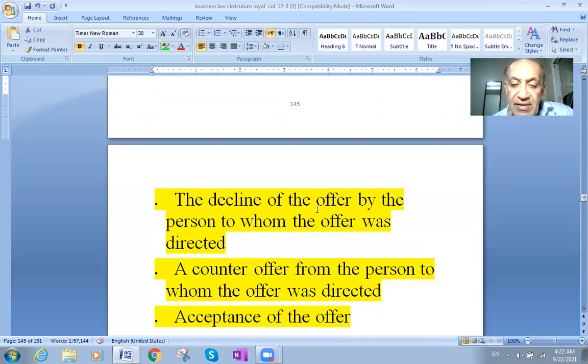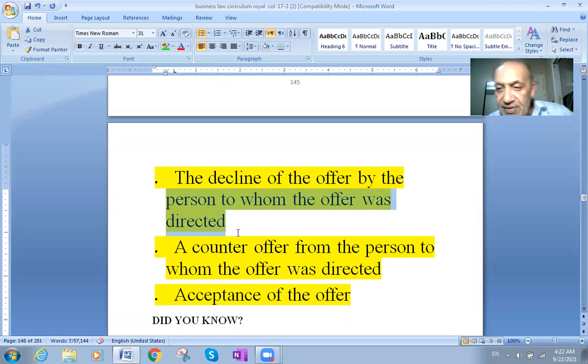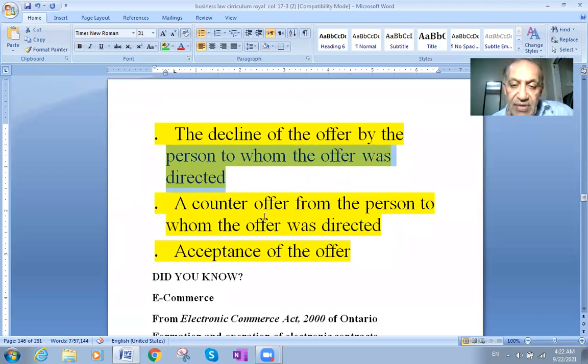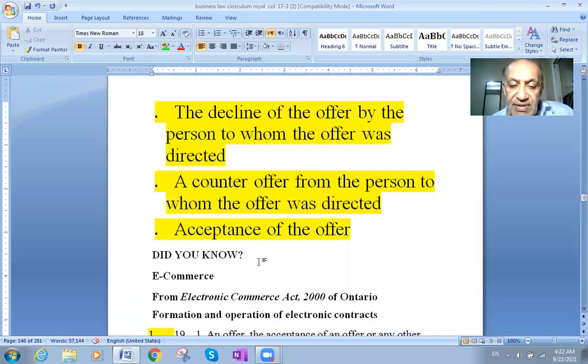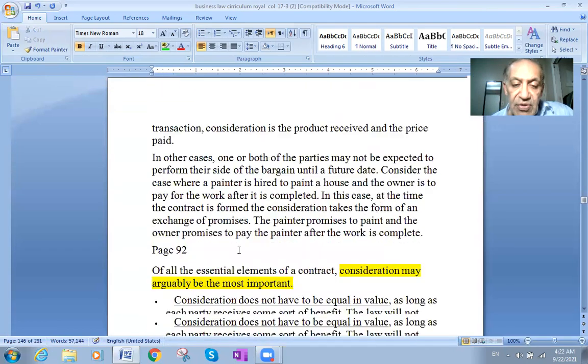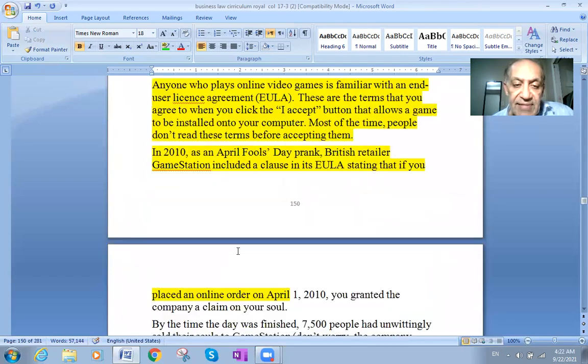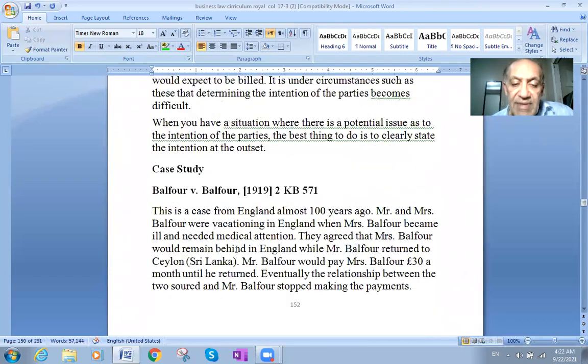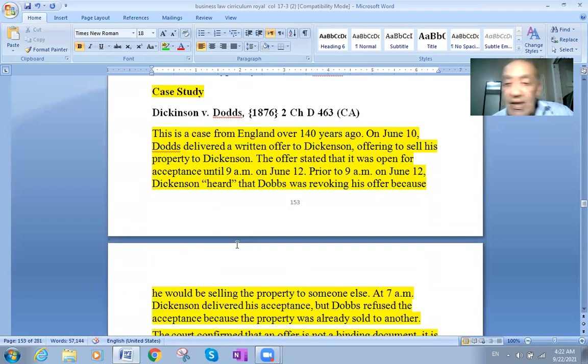The decline of the offer by the person to whom the offer was directed. You don't want it, you're free. A counter offer from the person to whom the offer was directed, or acceptance of the offer. So those are the cases where the offer can be terminated.